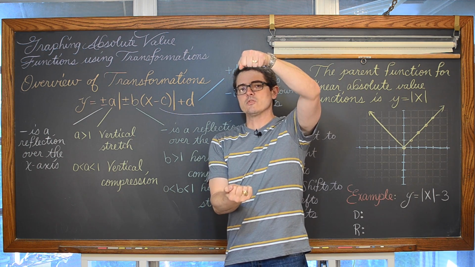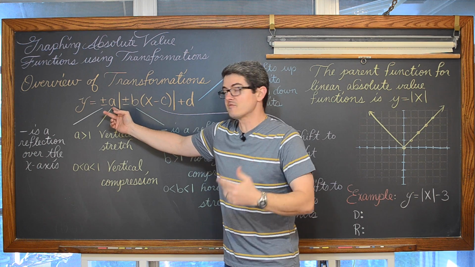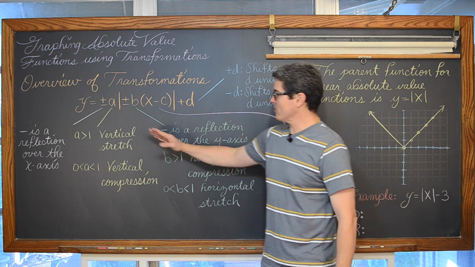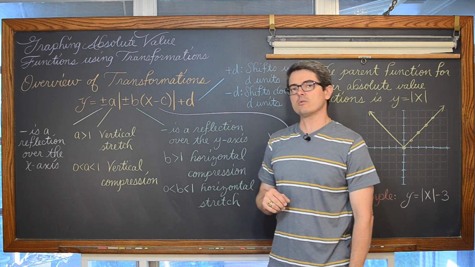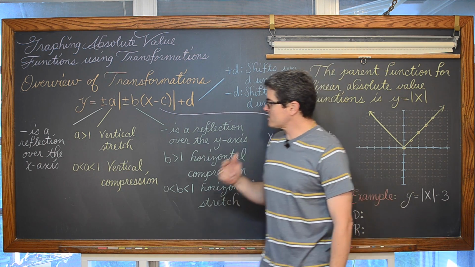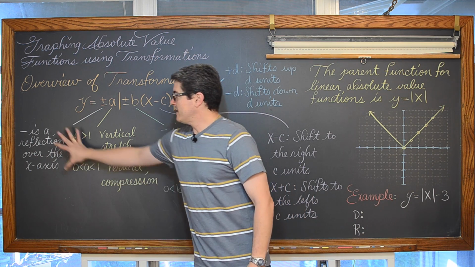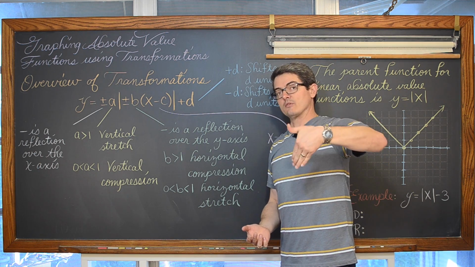It's going to move those points twice as far, or 3 times as far, or half as far, whatever a is, from the x-axis. So that's a vertical stretch, and if a is between 0 and 1, that's a vertical compression. Now notice I'm talking about the absolute value of a being greater than or equal to 1. The negative part of the leading coefficient is going to be the reflection.